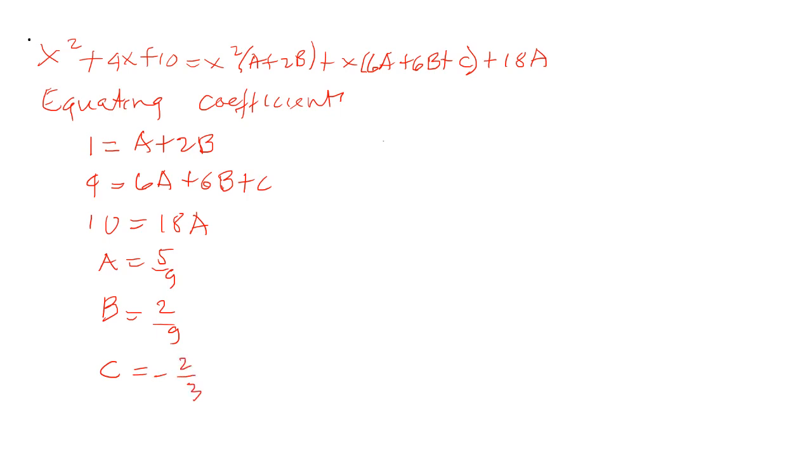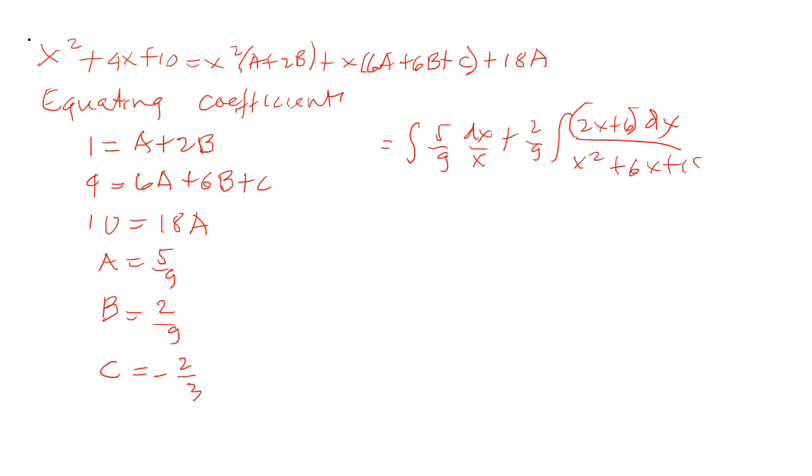So therefore your answer would be the integral of 5 over 9 dx over x plus 2 over 9 integral of (2x + 6) dx over (x^2 + 6x + 18) minus 2/3 integral of dx over (x^2 + 6x + 9), of course plus 9.